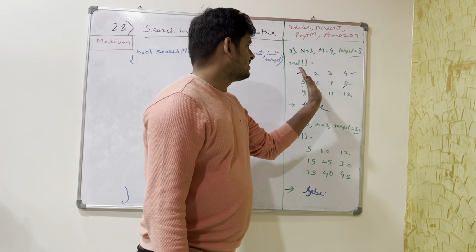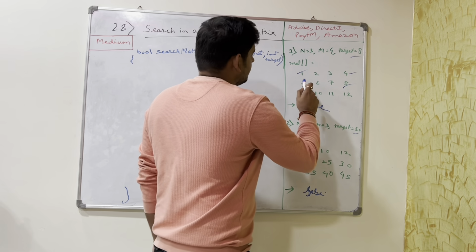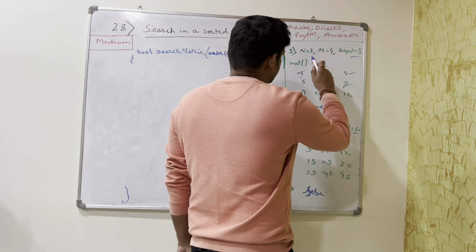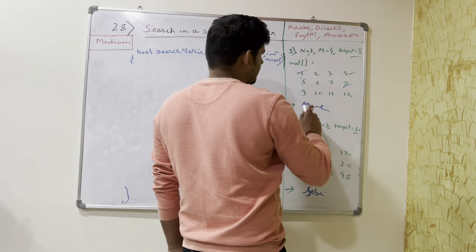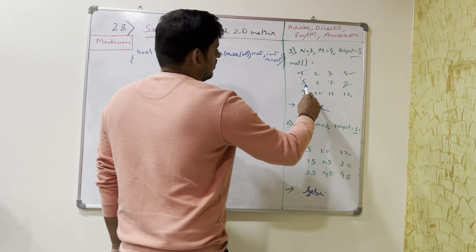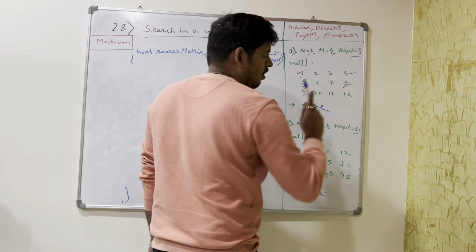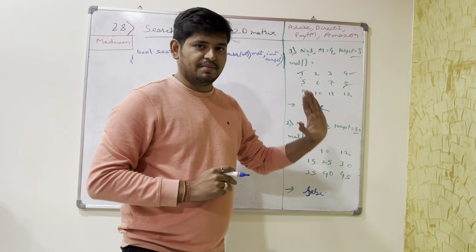If we do a binary search in every row and find it, the time complexity would be n, where n is the number of rows, into log of the number of columns, log of m. So n into log of m, we can find the elements, right?